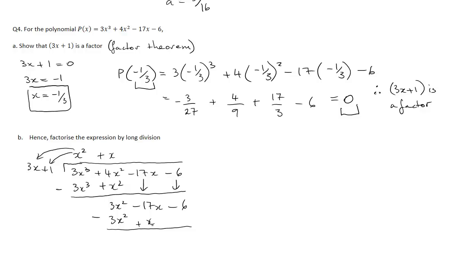Negative 17x take away x is negative 18x. Then once again, maybe it's minus 6 now, because minus 6 times 3 gives you minus 18x, and minus 6 times 1 gives you minus 6.